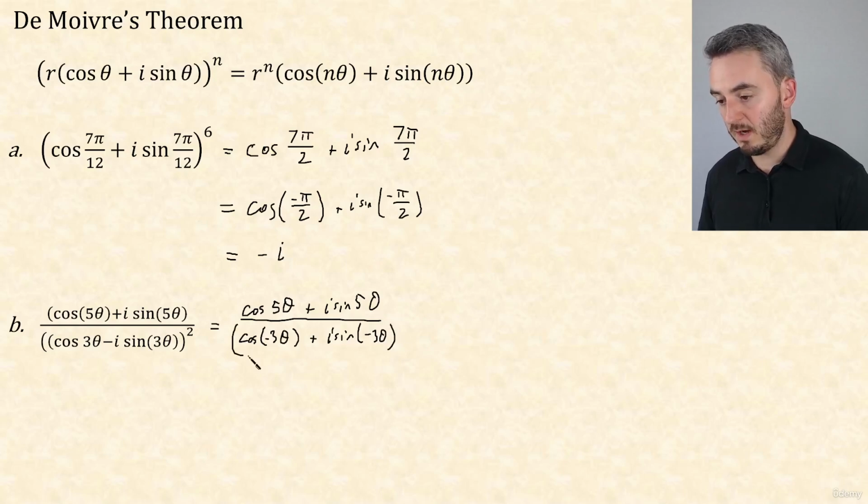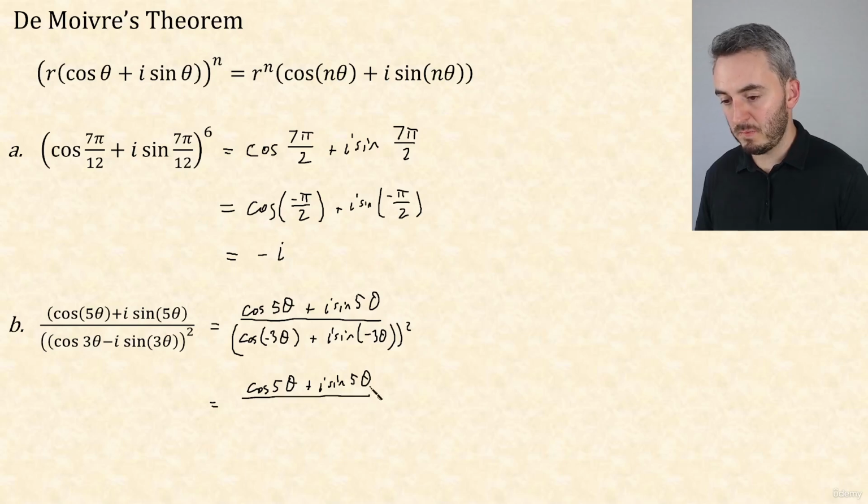And now we can apply the power of 2 to that. Using de Moivre's theorem, the numerator doesn't change, but the denominator, we bring that 2 in and it becomes minus 6. So cos minus 6 theta plus i sine minus 6 theta.